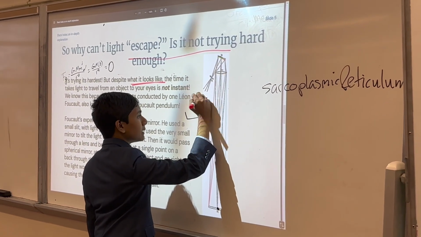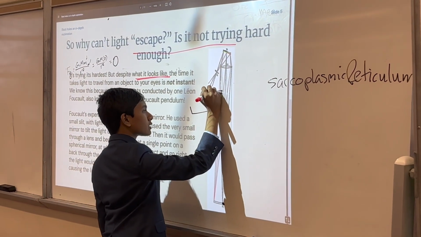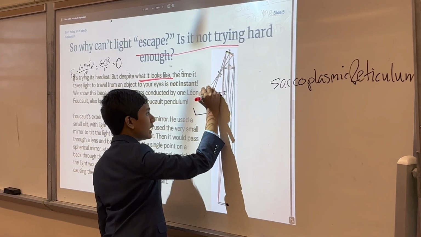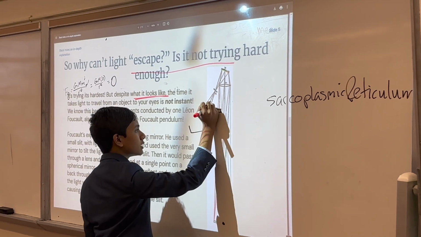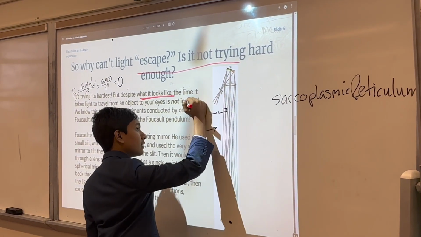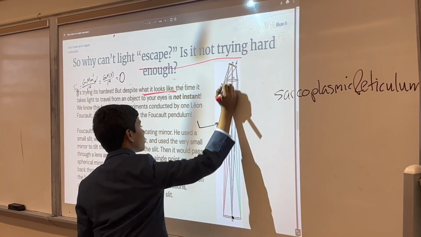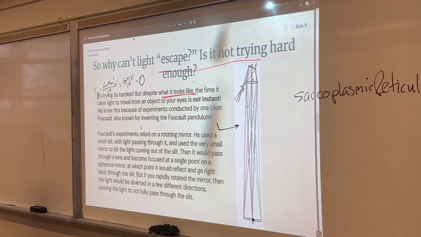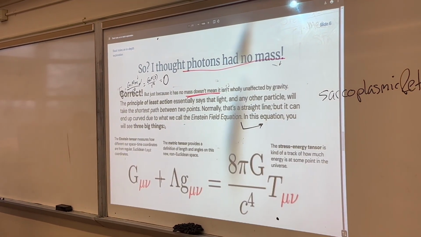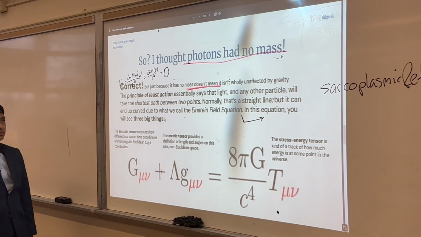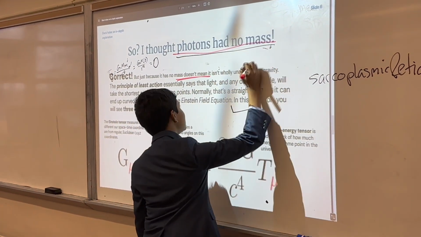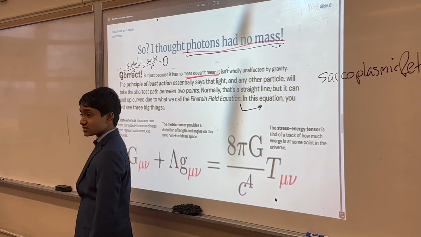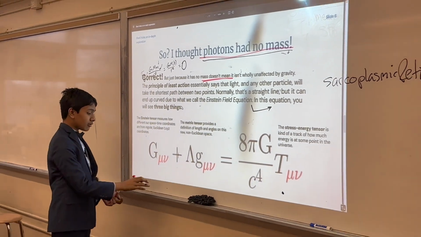And the difference between the hole where the light originally came through and the reflection of the light allowed Foucault to measure the speed of the light, given the speed of this rotating mirror. But what's more interesting than this setup, which was invented in 1862, is, of course, what I just mentioned. Photons have no mass. So how can they be affected by gravity at all?